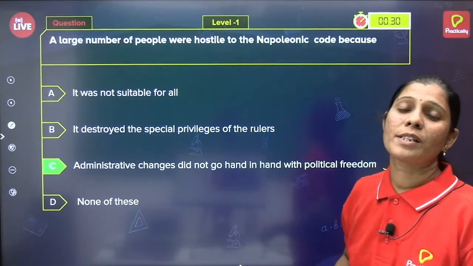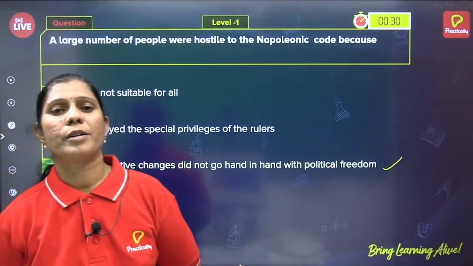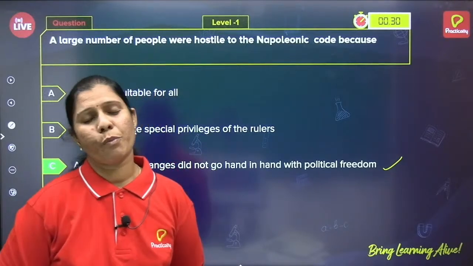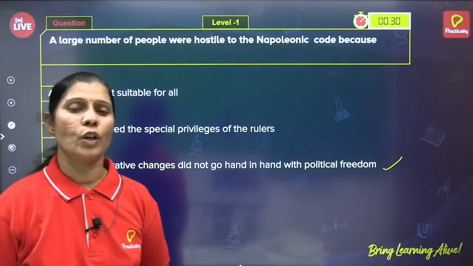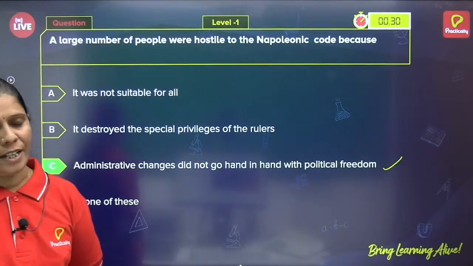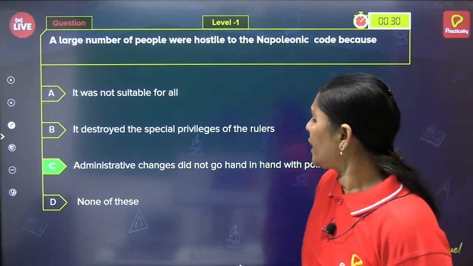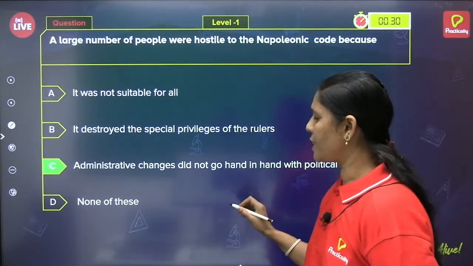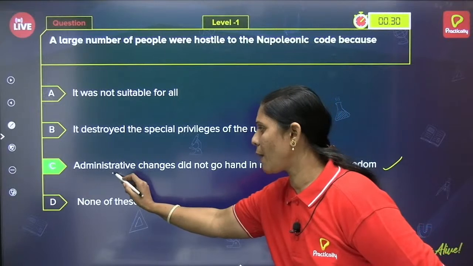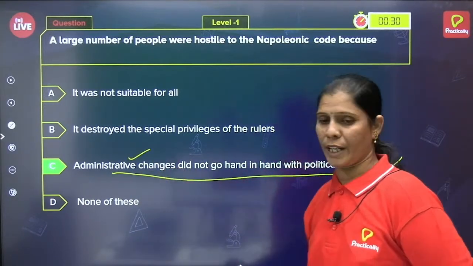Okay, why? Because as soon as he went to the different countries, he extended his territories, not only with France, but different other countries also. In that course of time, as soon as he went, he limited the powers of local people. That means administrative powers were not given.